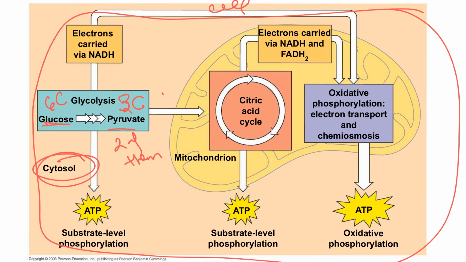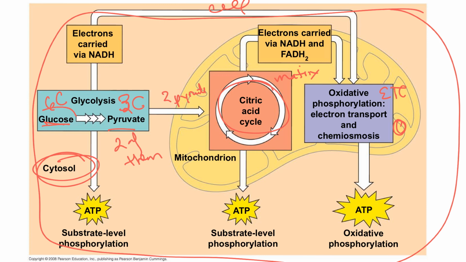So those two pyruvates are going to go into the citric acid cycle, also called Krebs cycle. And then finally, we're going to get into the electron transport chain that's on this little inner membrane here. This is happening in the matrix. Okay? But I told you this all has to do with electrons, right?